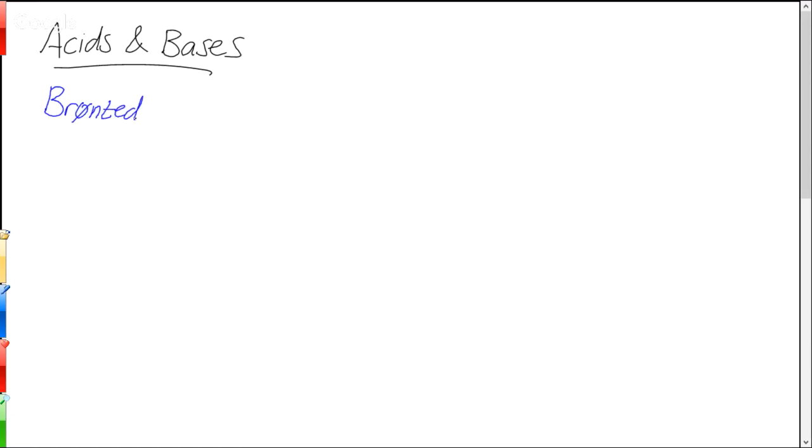So this is called the Bronsted-Lowry definition. We'll write the definition and then we'll talk about what it means and look at some examples and how we can apply that.